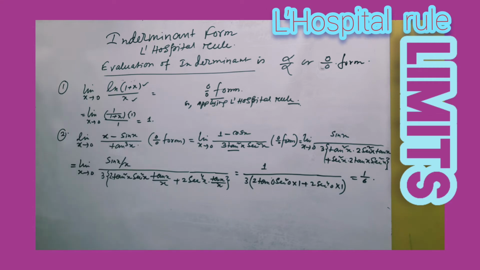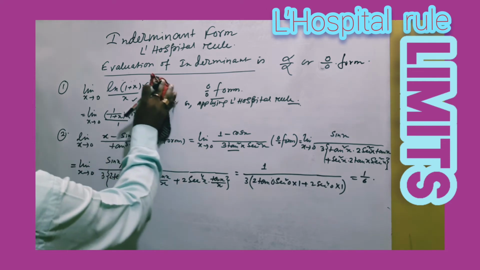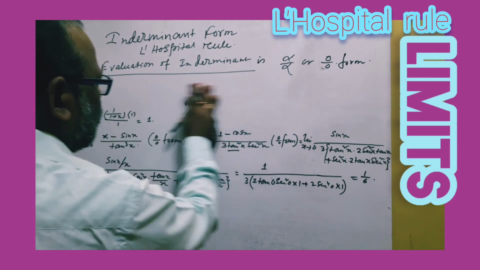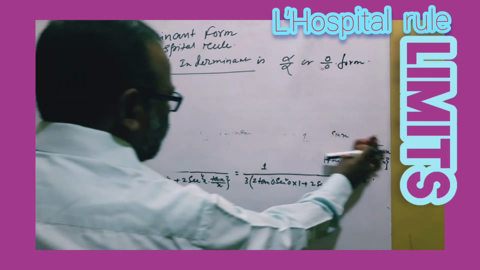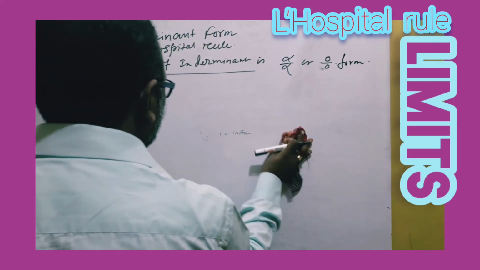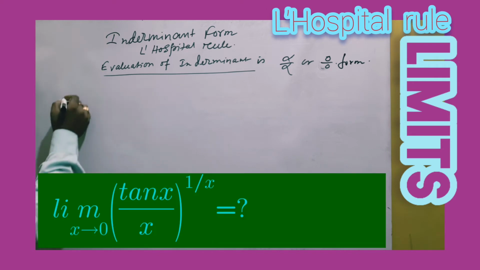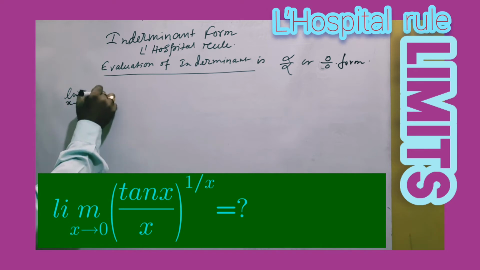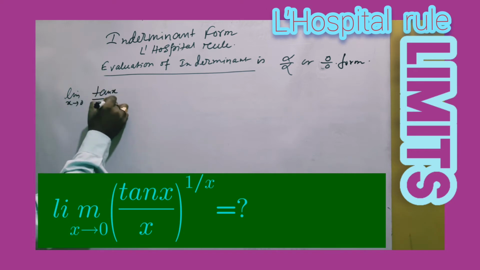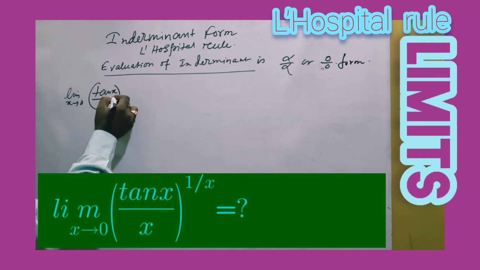Now I want to discuss the next problem. That is, limit x tends to 0 of (tan x by x) whole to the power 1 by x.